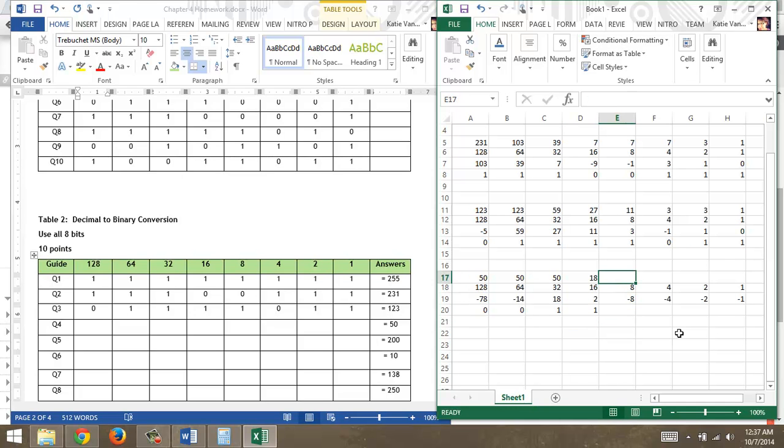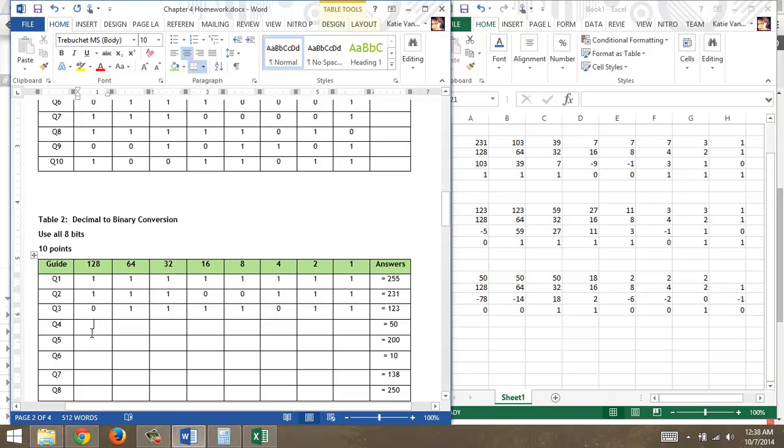We have 2 left. 2 minus 8, no. We still have 2 left. 2 minus 4, no. And we still have 2 left. 2 minus 2, yes, it's not negative, it's a 0. And then anything else, if we run out, becomes a 0. So the binary equivalent of 50 is 0, 0, 1, 1, 0, 0, 1, 1, 0.